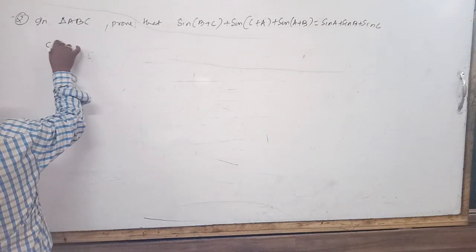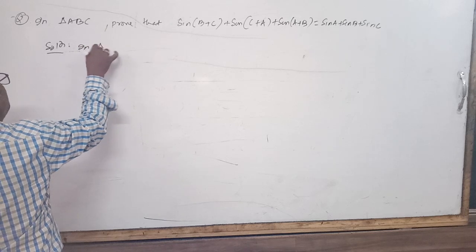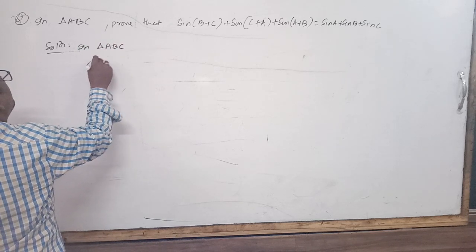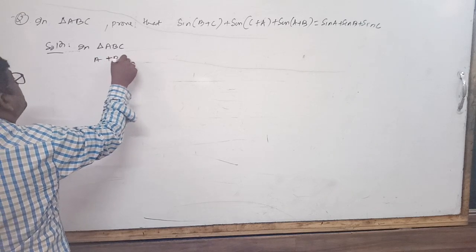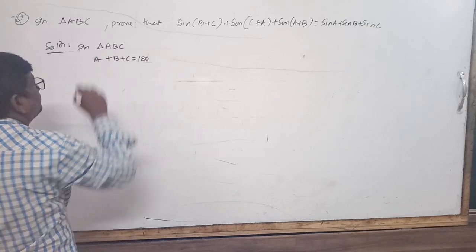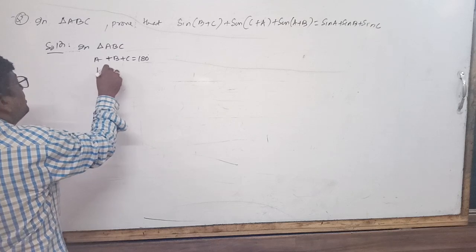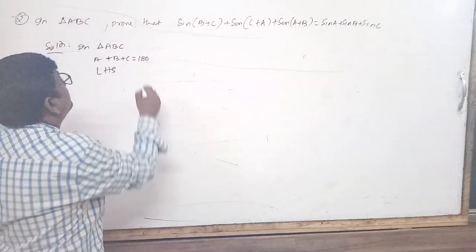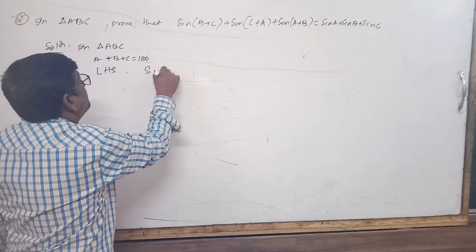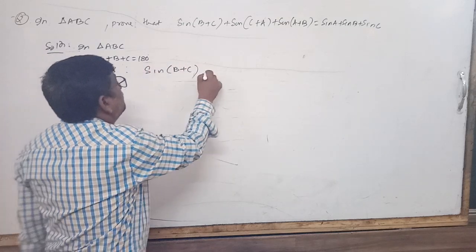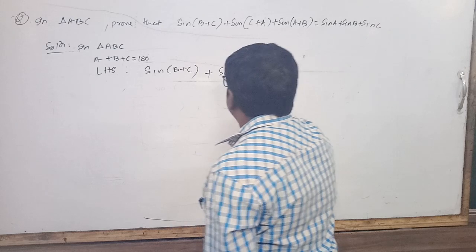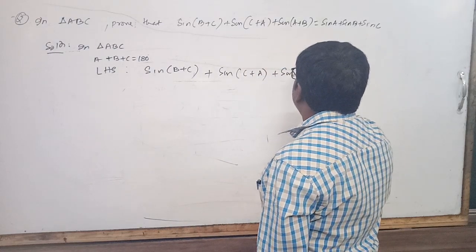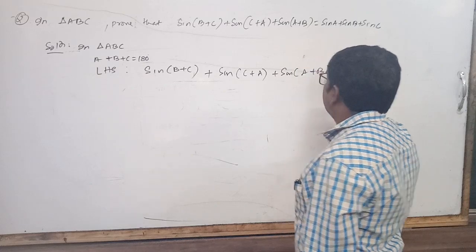Solution. Given in triangle ABC, A plus B plus C is equal to 180 degrees. Then write left hand side: sin(B plus C) plus sin(C plus A) plus sin(A plus B). Clear?